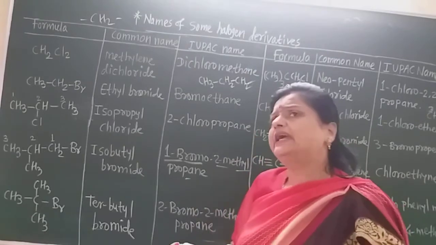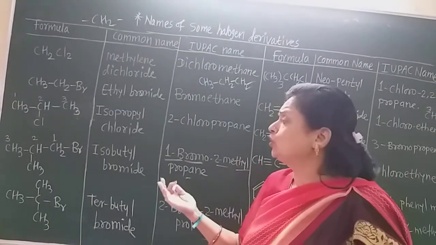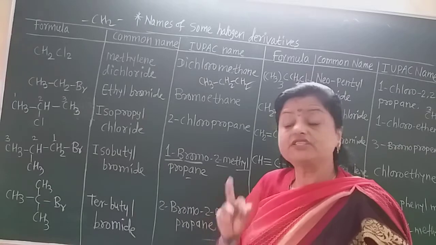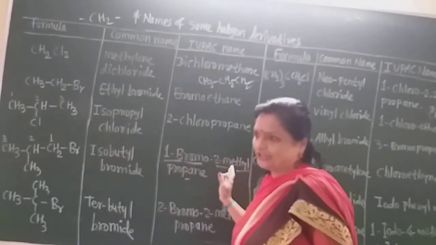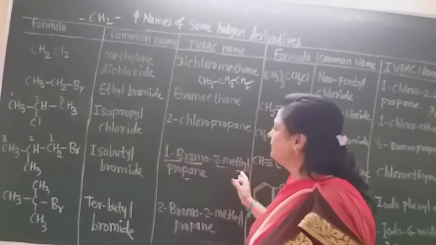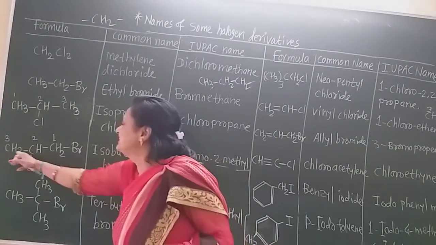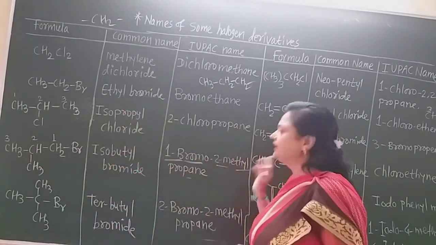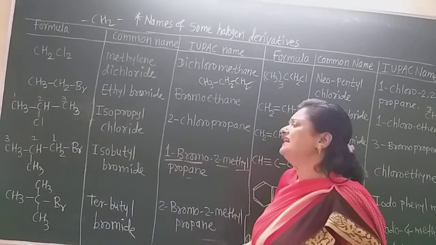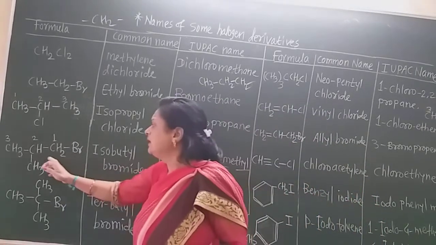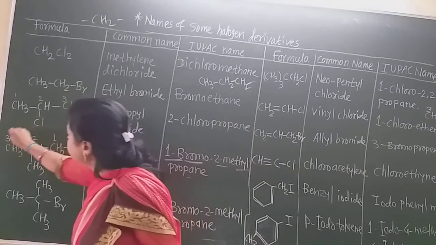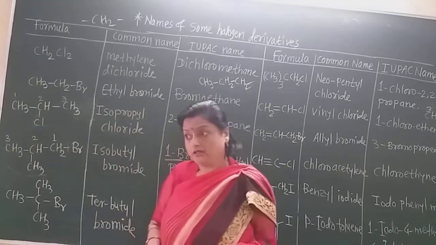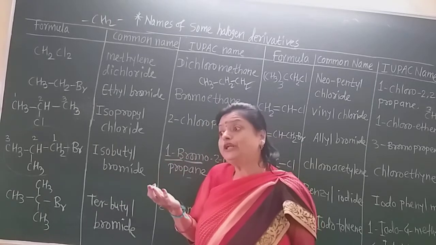Though alphabetically the alkyl group name might come first, here the halogen comes first by alphabetical order, so remember that. 1-bromo-2-methyl, and in the straight chain there are 3 carbons, so the parent alkane is propane. And commonly it is isobutyl bromide because this is the isobutyl group. What is the secondary butyl grouping?